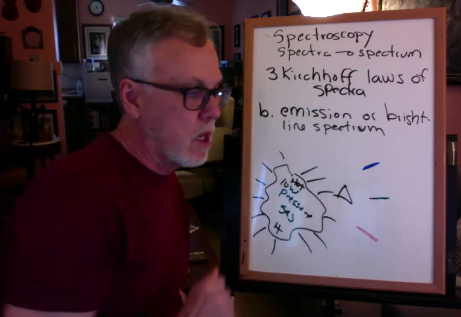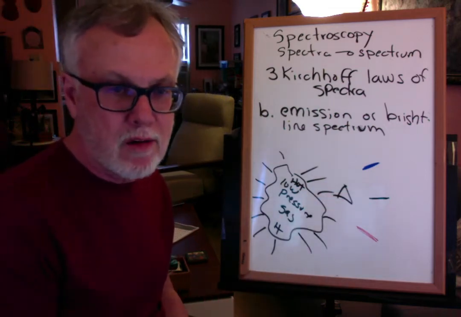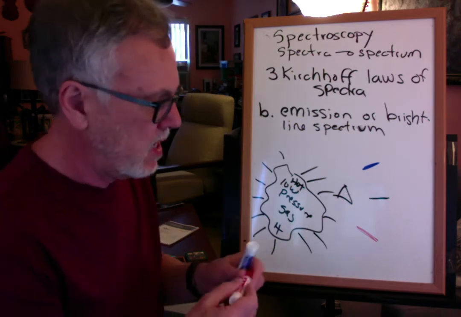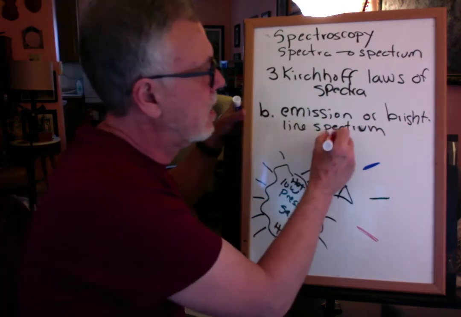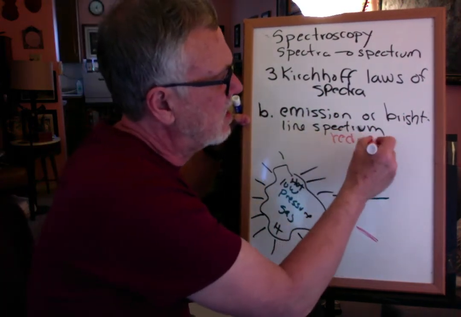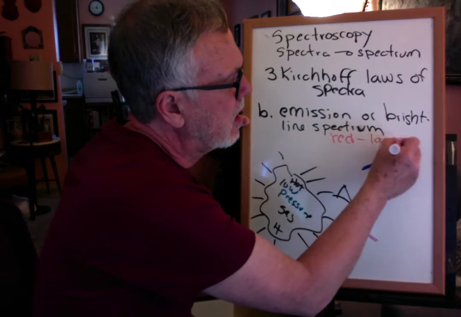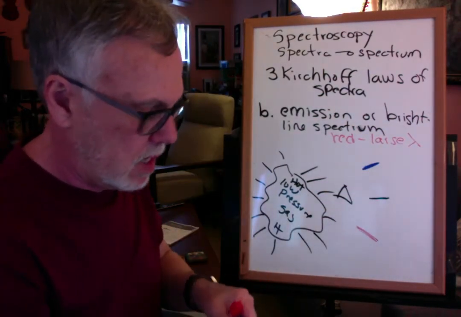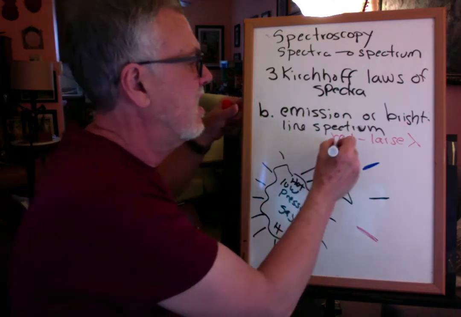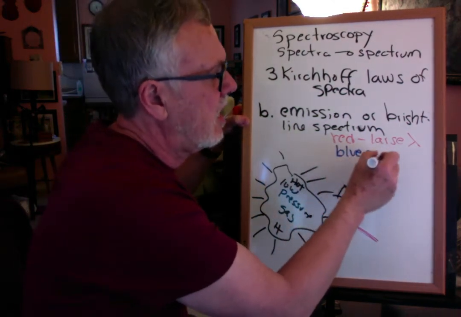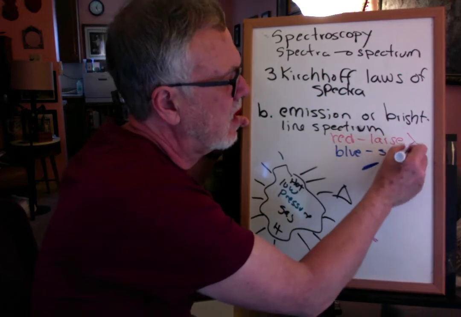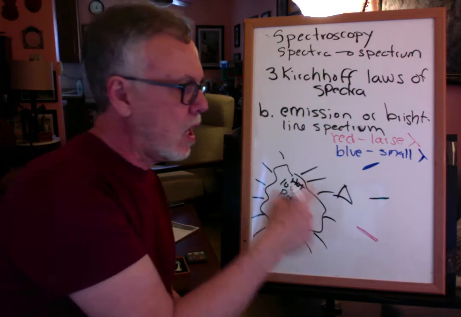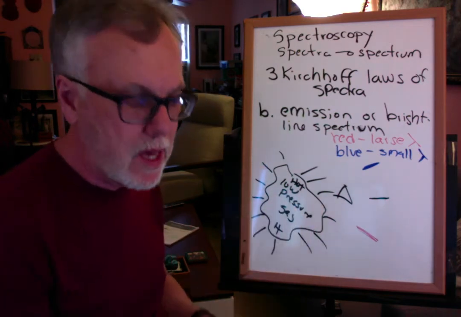Every one of those colors, remember, is given by its wavelength or frequency. And what we said before is that red light has large wavelength. Lambda means wavelength, remember, review that. Blue light has small wavelength. And so which colors are produced depends upon the atom.